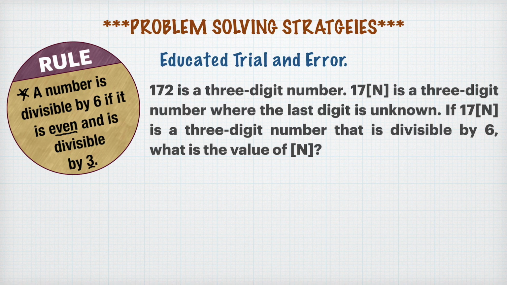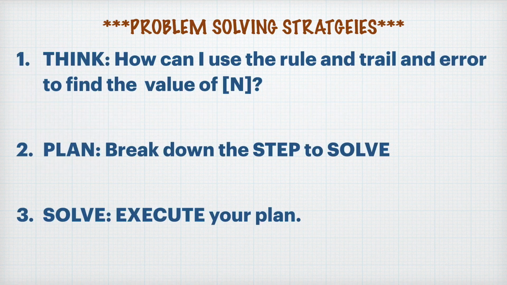Now we have 2 stipulations. It has to be divisible by 3 and even. So you have to keep that in mind when we are doing this problem. We have some steps here. Think, how can I use the rule for divisibility for 3 and 6? 6 means an even number that is also divisible by 3. Then use trial and error to find the value of n, that last digit on 170-something.